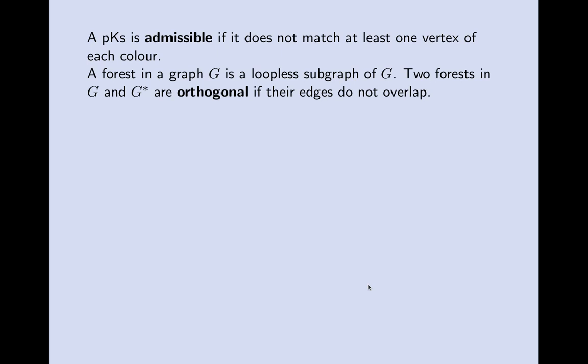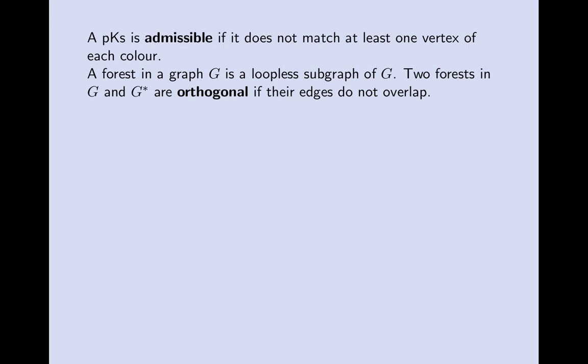Okay, before we had the bijection between Kauffman states and trees as contained in the first part of Kauffman's clock theorem. We wish to generalize a bit that construction, so let me give a few definitions in that direction. So a partial Kauffman state is said to be admissible if it does not match at least one vertex of each color.